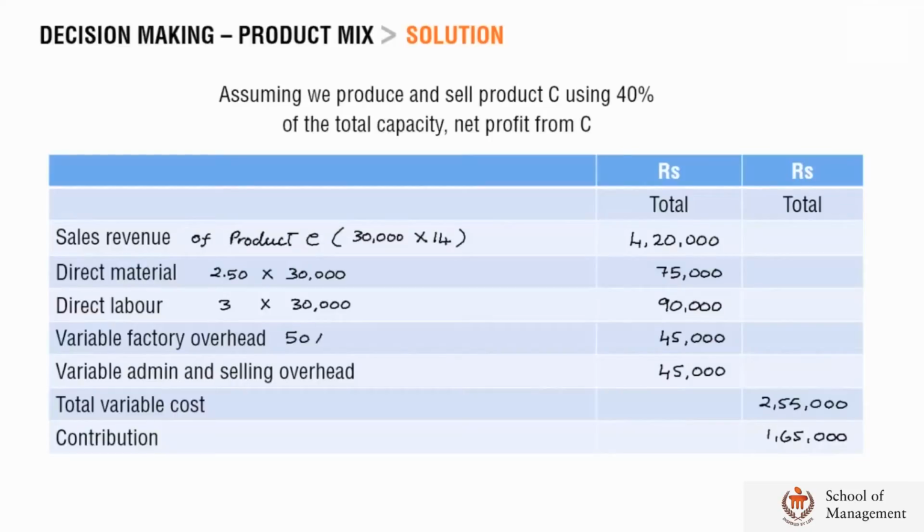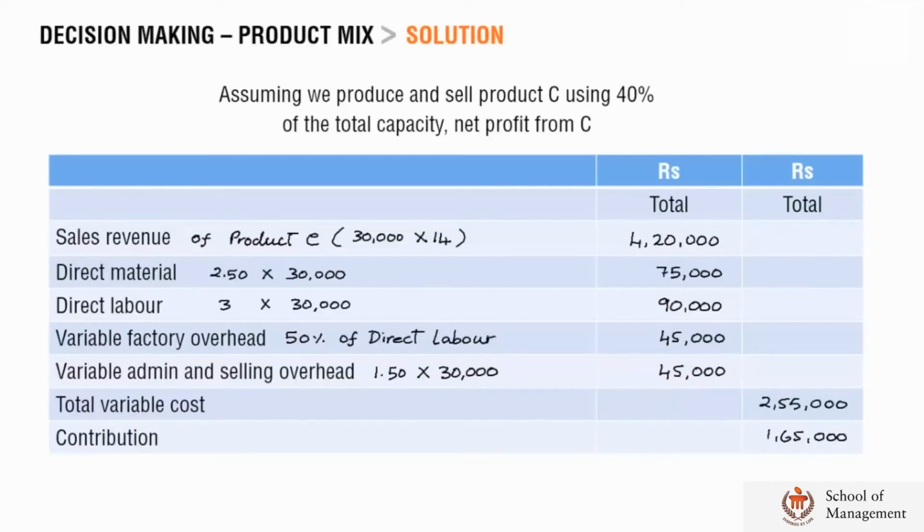We are also told that the selling and administration cost has to be taken in line with product A, and for product A we charge 3 rupees per unit, and therefore the same 3 rupees per unit for 30,000 units of C will work out to 90,000 rupees. Of this 90,000 rupees, 50% is variable, and that we take here in variable selling and administration expenses, which comes to 45,000.